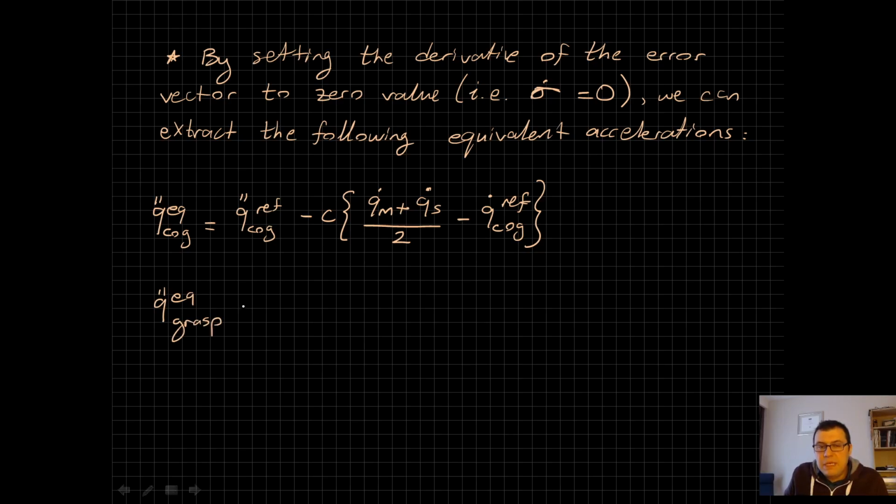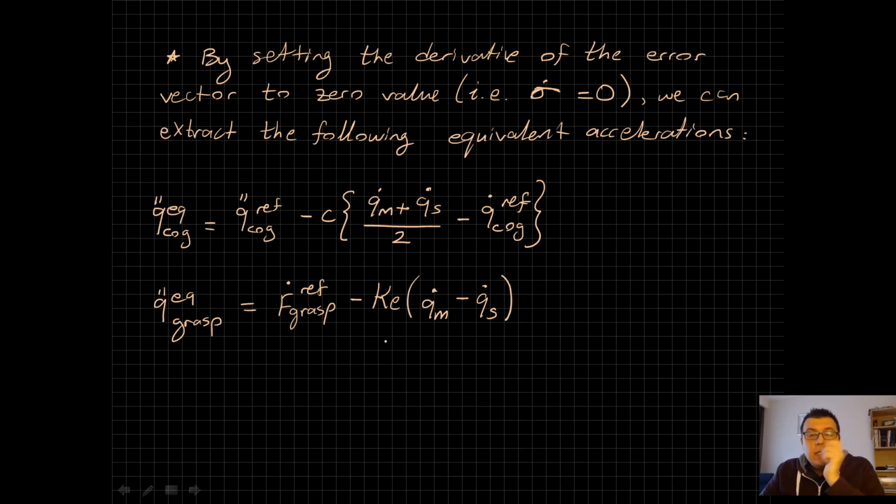So the grasping equivalent acceleration is equal to, I'm sorry, this is F grasp reference dot, reference minus response. So minus KE times QM dot minus QS dot.